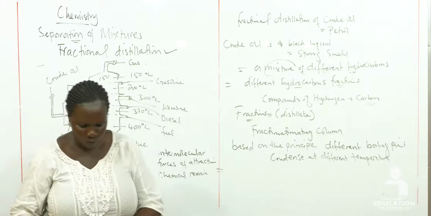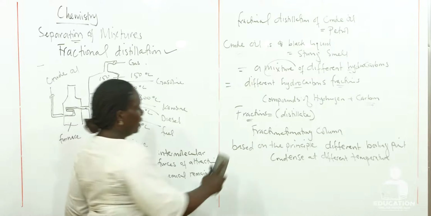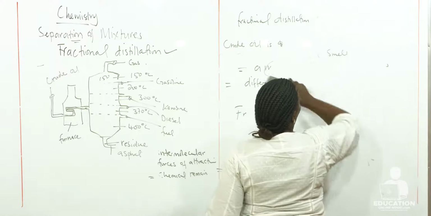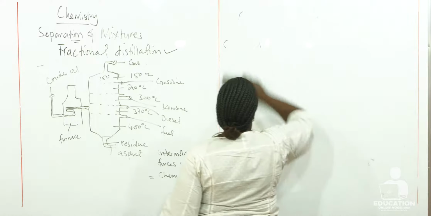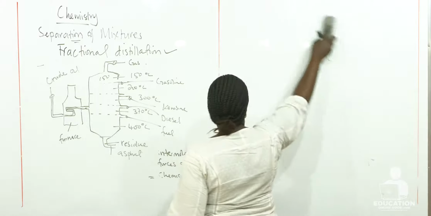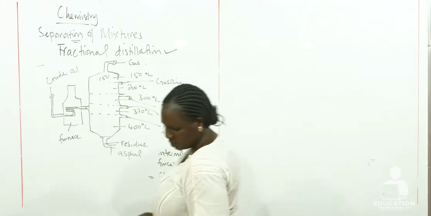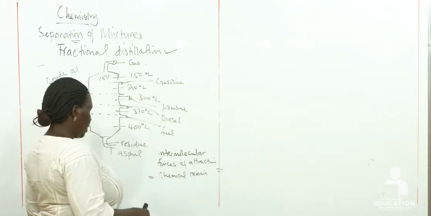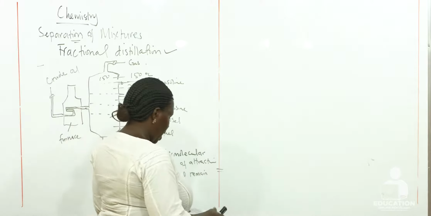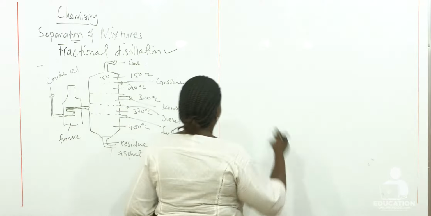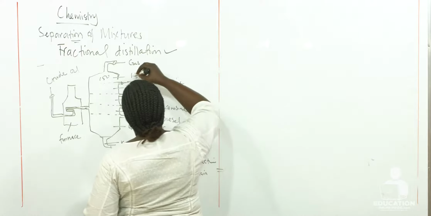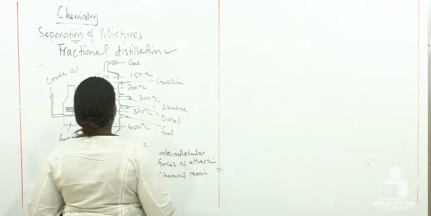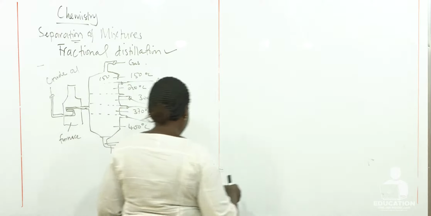Then, following this separation, we look at the nature of these fractions. For example, we have the gas, that is refinery gas, at temperature at around 150 up to 20.